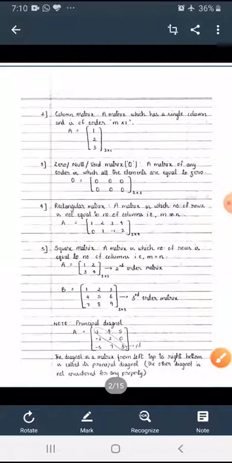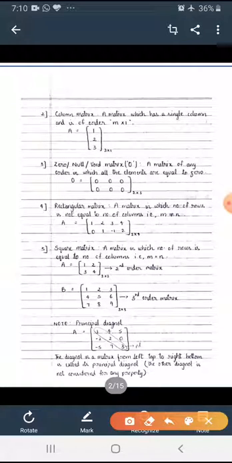Next one is very important, very important. Generally we use the whole of matrices in square matrix only. Square matrix: already you know the shape of a square, all sides are equal. Like that here also the number of rows is equal to the number of columns, that means m equal to n.